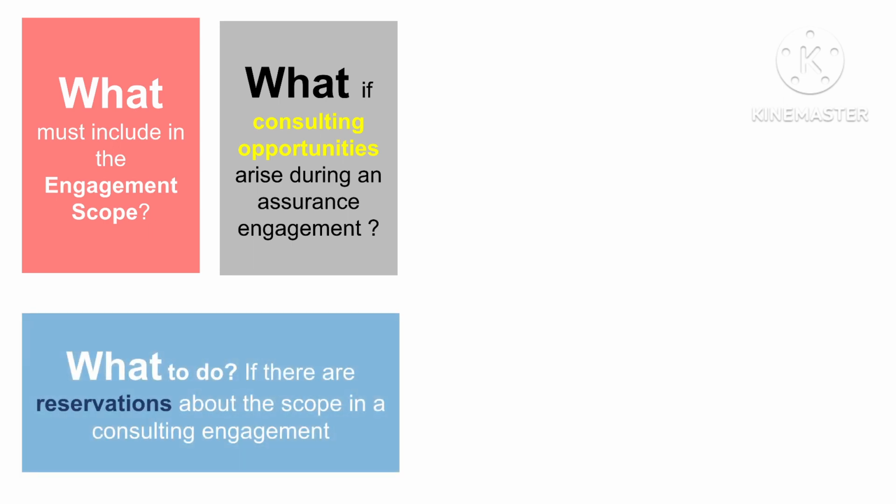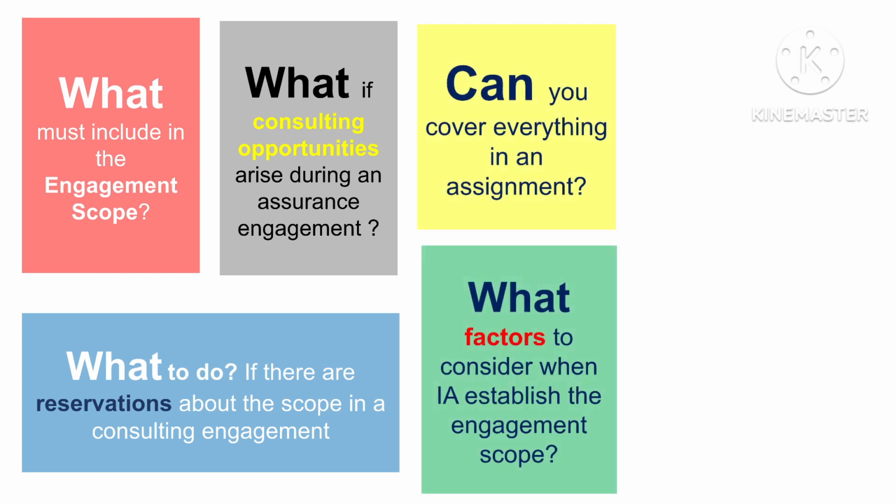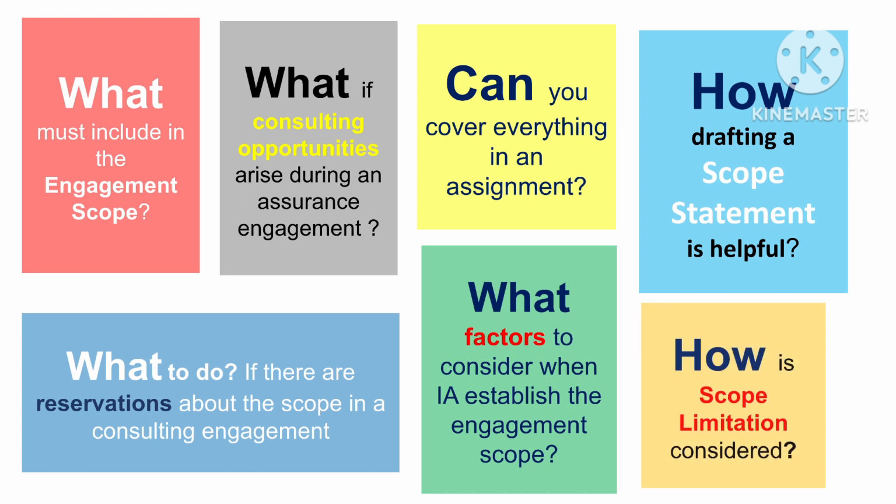What to do if there are reservations about the scope in a consulting engagement? Can you cover everything in an assignment? What factors to consider when internal auditors establish the engagement scope? And how is drafting a scope statement helpful? And the last but not the least, how is scope limitation considered?